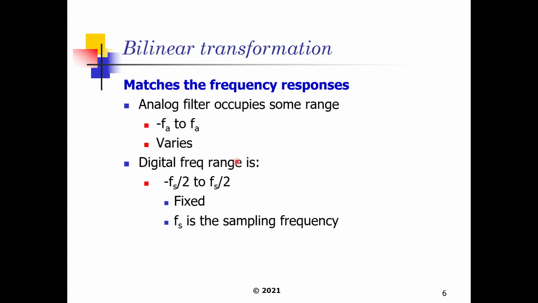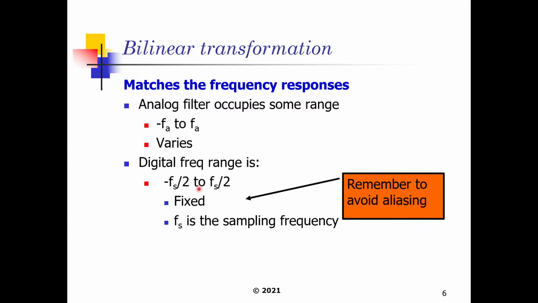When we sample the frequency of the analog filter to create our digital filter, this FA from negative to positive maps to -fs/2 to positive fs/2. As such, from a variable frequency design for the analog filter, we go to a fixed frequency design for the digital filter, where fs represents the sampling frequency that we use to sample the analog filter frequency as required.